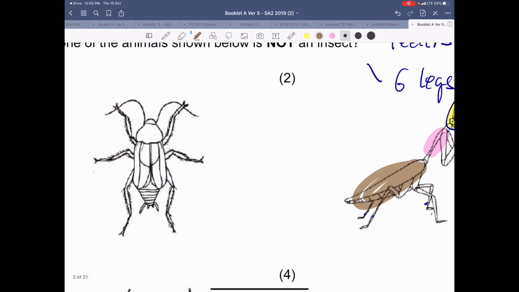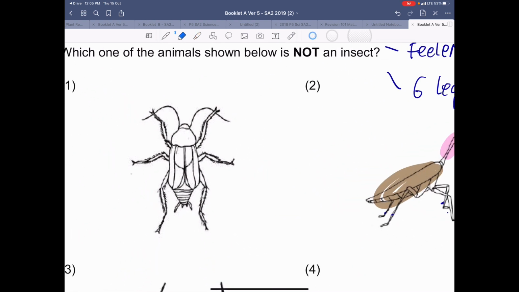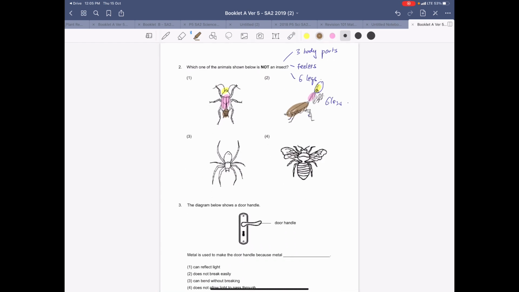Same with your cockroach, or xiao qiang they call it. Center body, then the head here, and then the abdomen is here. Very disgusting, very smelly one, don't like them. So your answer will be the odd one out was which one? Okay, spider, number 3. This is not an insect.